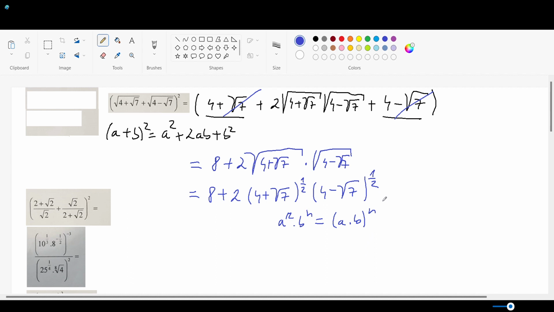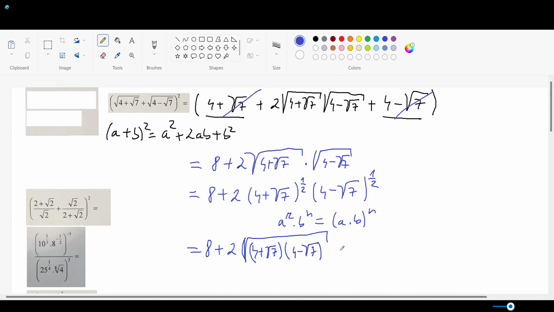So we can simplify it like 8 plus 2 times, and now, as we can see, this is gonna be square root of 4 plus square root of 7 times 4 take away square root of 7.